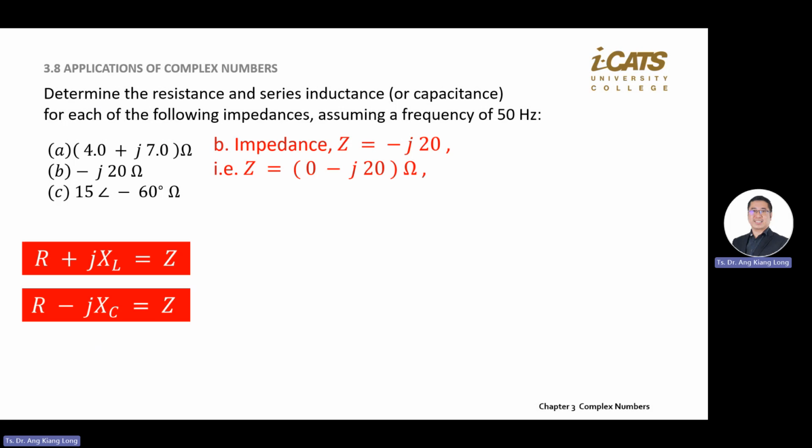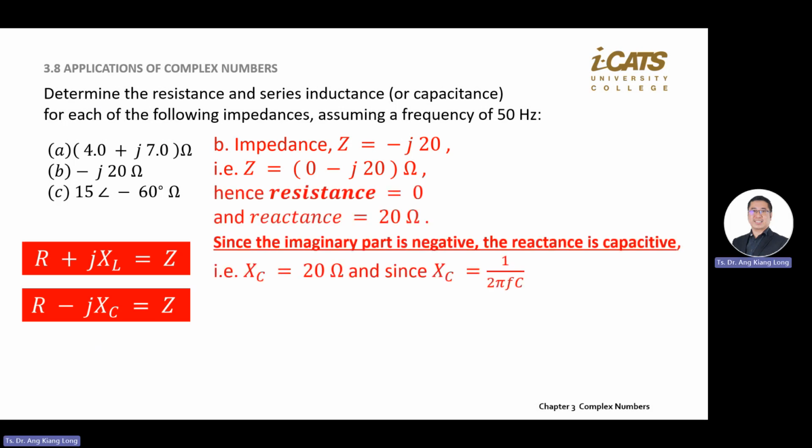There's no resistor there. Then the rest you apply back. If it's negative, it is a capacitance. For capacitance, the formula is not 2 pi FC, but 1 over 2 pi FC. There are two sets of equations. If it falls under inductance, you use 2 pi FL. If it falls under capacitance, you use 1 over 2 pi FC for the XC, sorry, not XL.